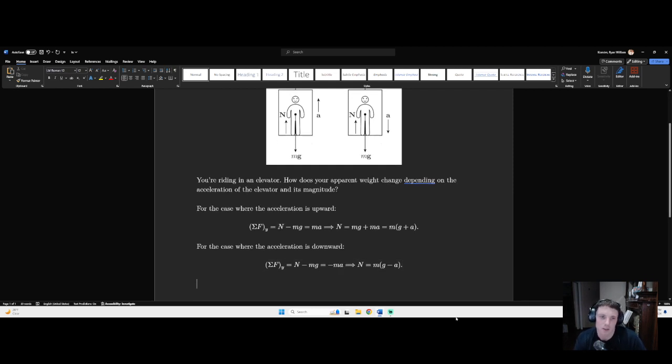Let's say the elevator is not accelerating.